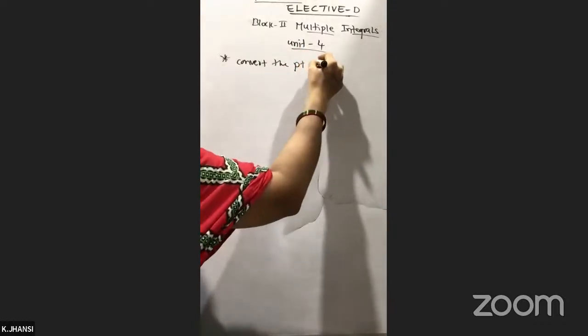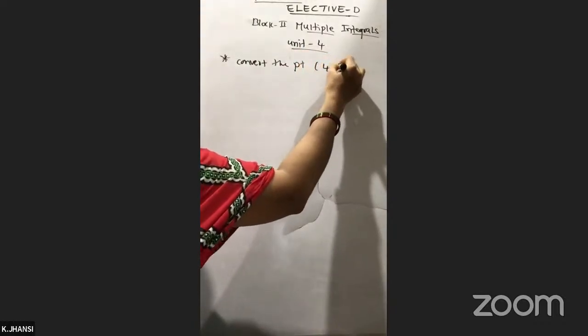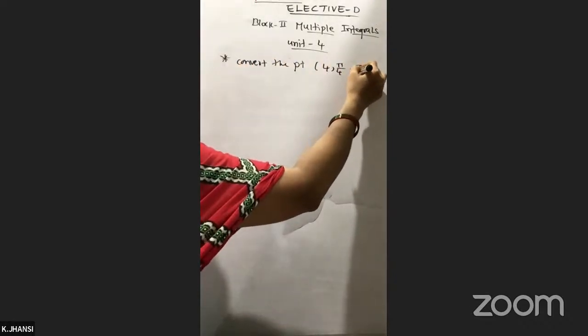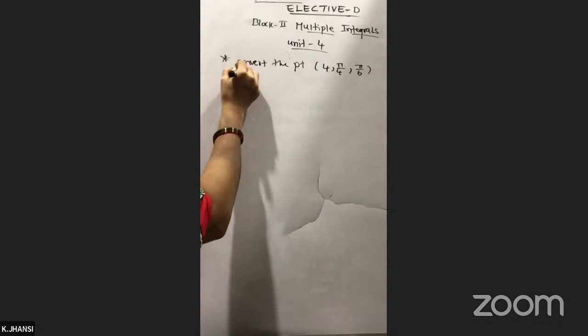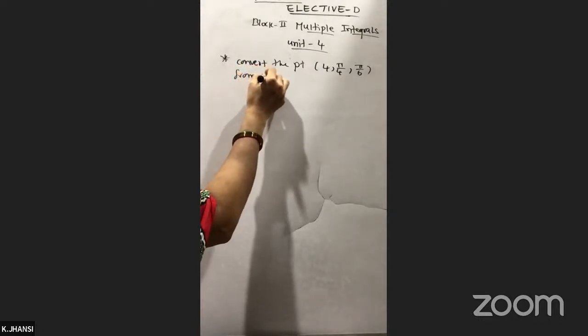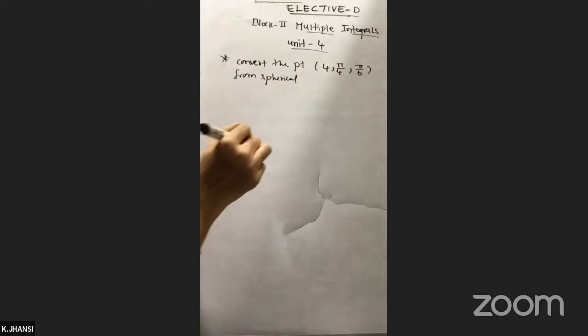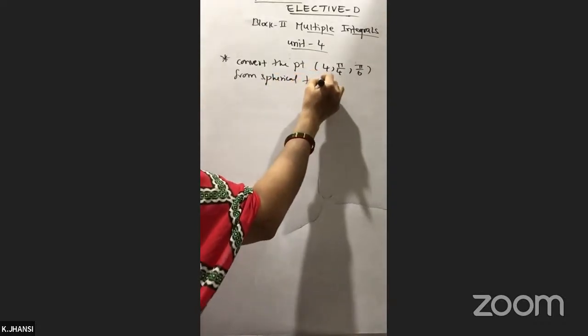Convert the point (4, pi by 4, pi by 6) from spherical to rectangular coordinates.